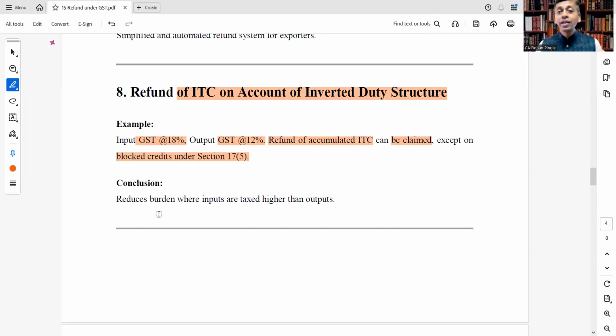In a practical scenario, there are a number of such cases. Our input might have GST of 18% and output GST may be 12% or 6%. That difference is called an inverted duty structure, and that ITC we can claim through the refund procedure.